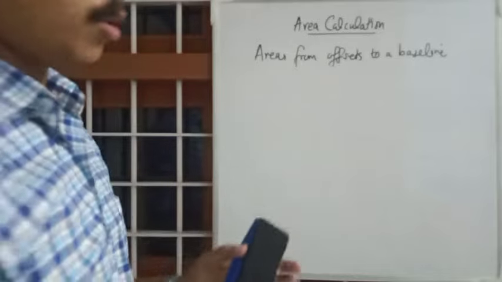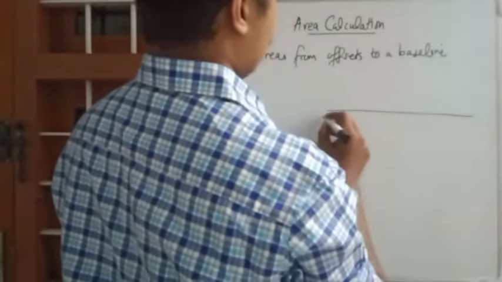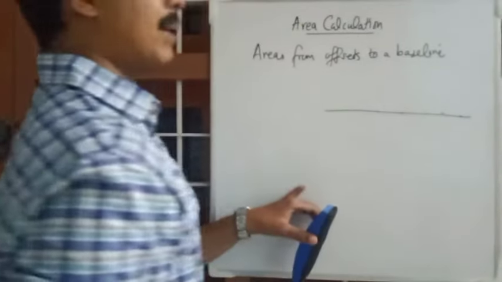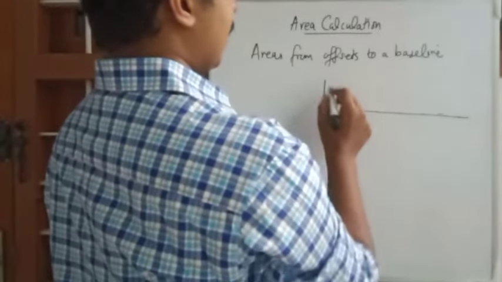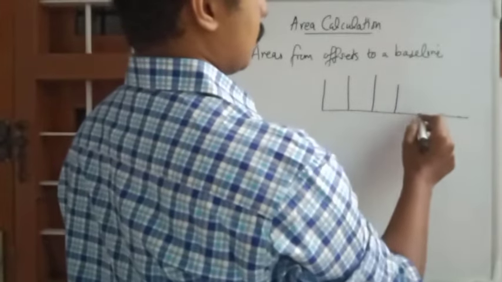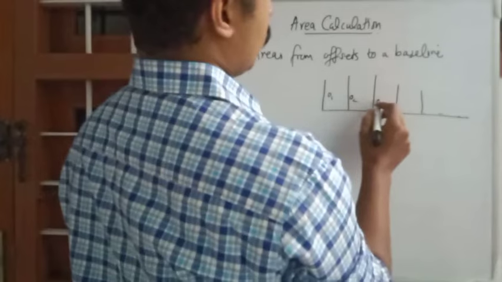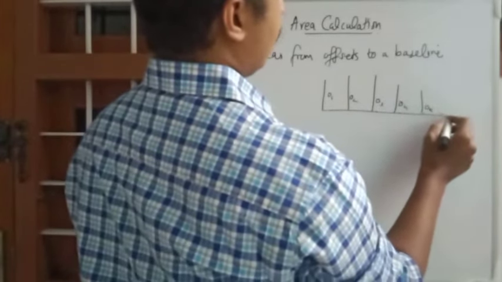Offsets to a baseline means there will be a baseline like this, most probably a chain line, and the measurements will be taken as offsets: O1, O2, O3, O4, O5, etc.